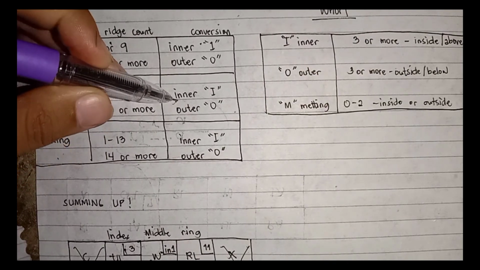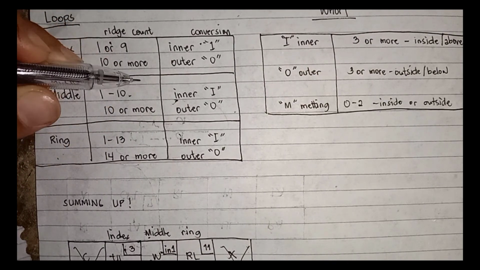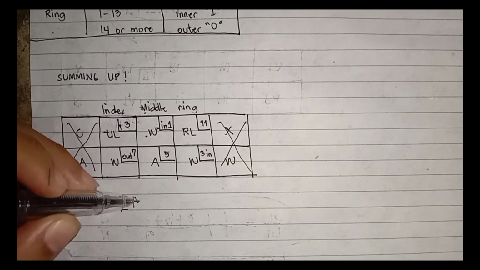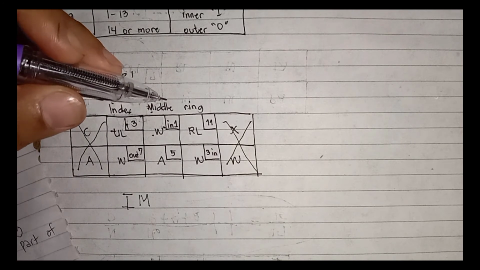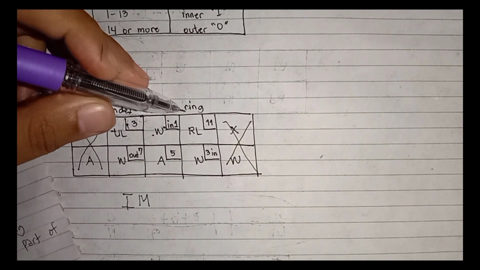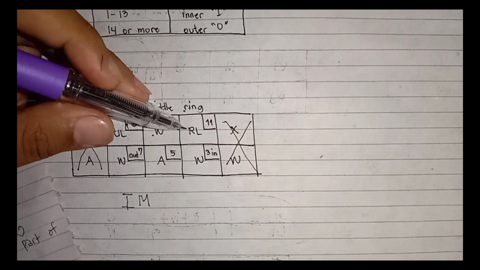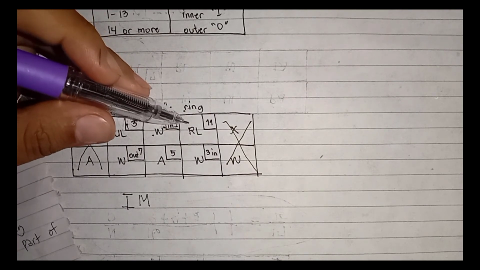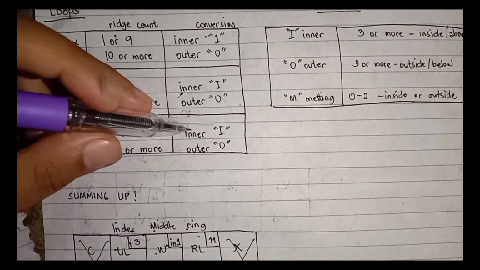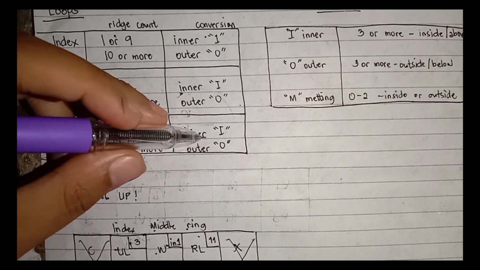So the conversion is M. Next is the ring, radial loop has a ridge count of 11. Ridge count of 11, so the conversion is I.